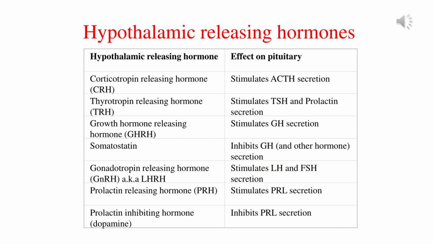The mammotropes then release prolactin. Prolactin will stimulate the activities of the mammary glands. And then last, we have prolactin inhibiting hormone, which chemically is the same compound that we called dopamine. It inhibits the release of prolactin from the mammotropes of the pituitary gland.